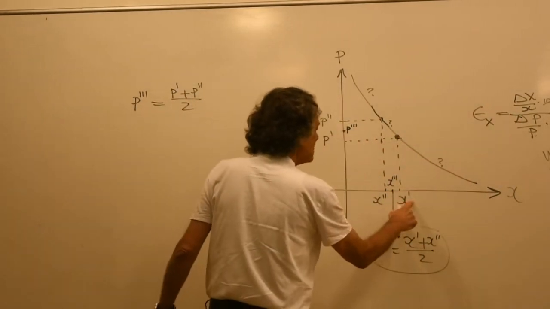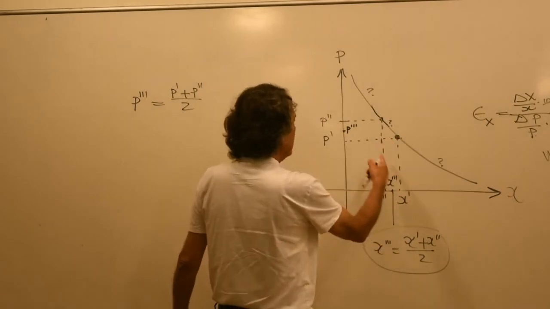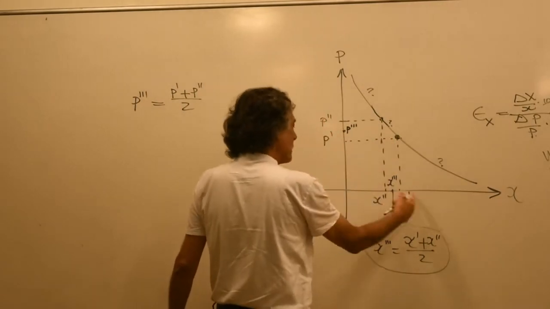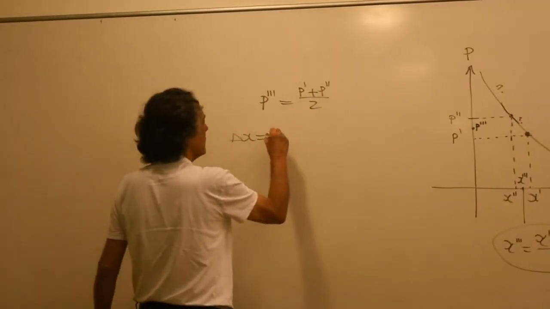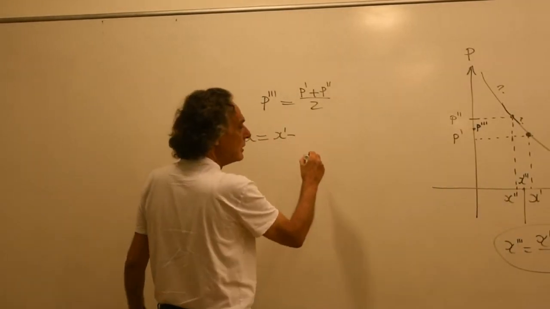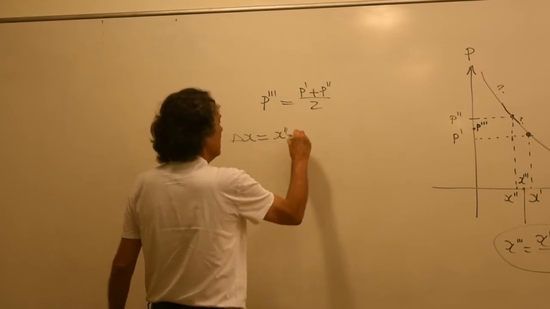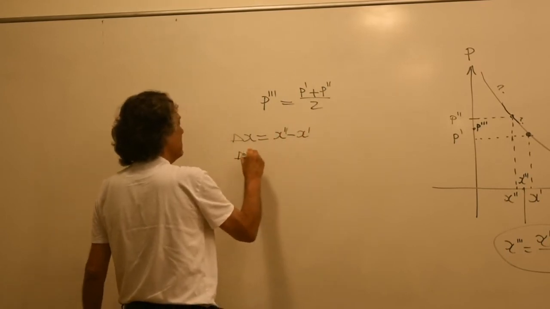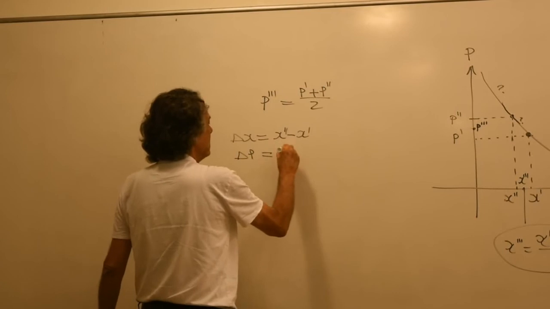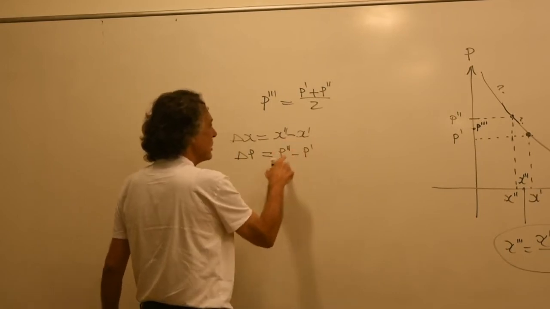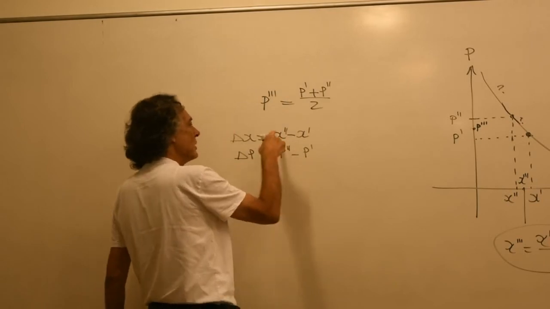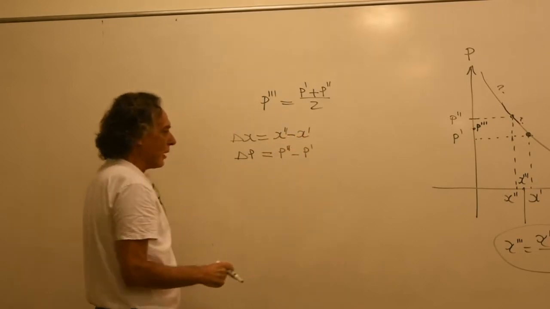When I start with x prime, the price went up, so the quantity went down, so delta x is x double prime minus x prime. And delta p is p double prime minus p prime. This is positive, this is negative, because when the price goes up, quantity demanded goes down.